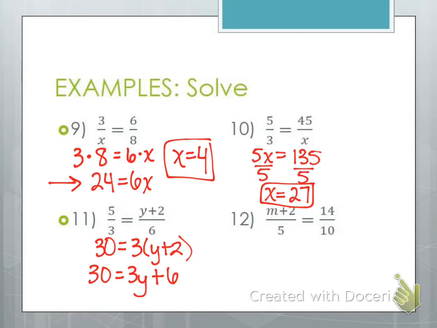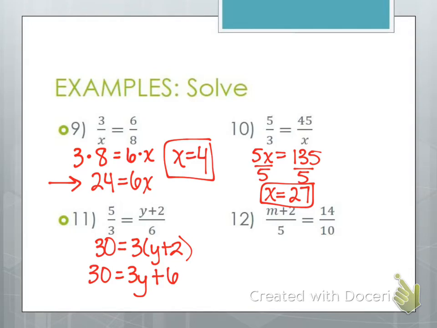Questions about why this one is different? Hopefully we can see from the original problem how it looks different from the first 2 that we did. And now that means we are going to also have a couple extra steps to solve it. First thing I should do, subtract the 6.